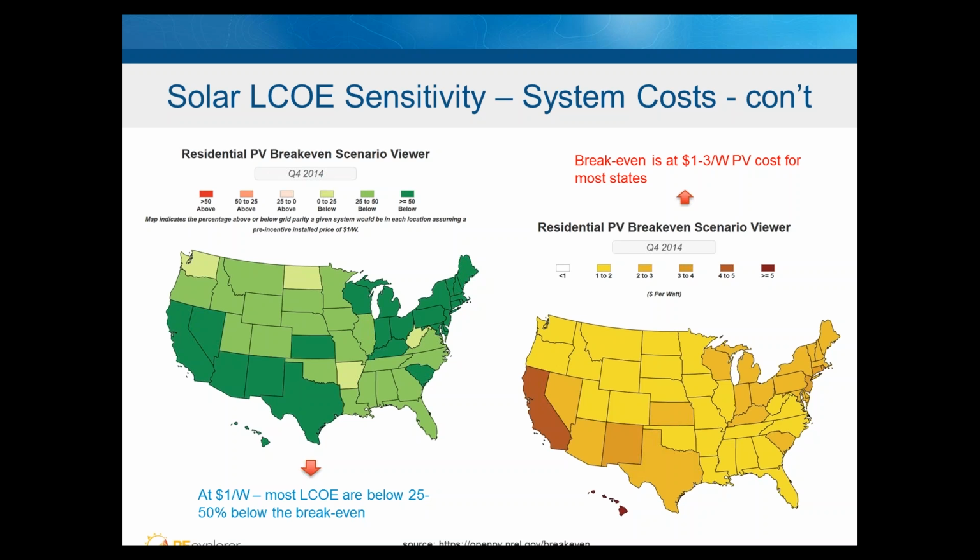Different states have different utility rates, but the break-even is around $1 to $3 per watt, with the exception of California, where even $5 or over $5 per watt in 2014 can be very cost competitive compared to the utility rate.